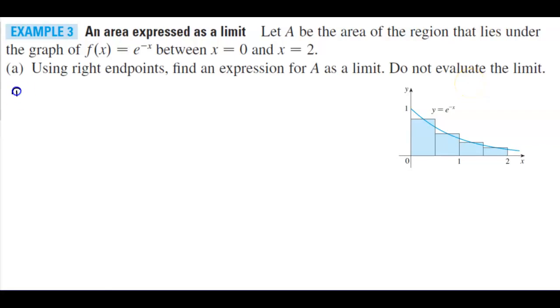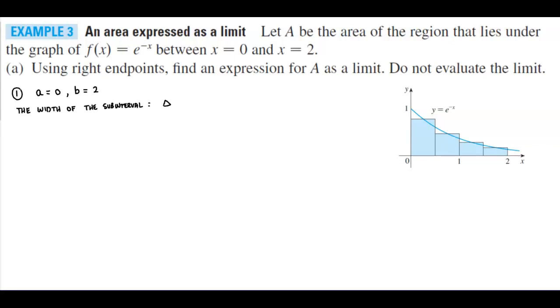So first things first, we know that we're going from 0 to 2. So we're going to let a equal 0, and then b is going to equal 2. And so therefore, the width of the subinterval is the following.